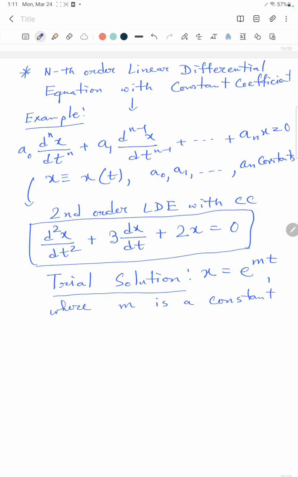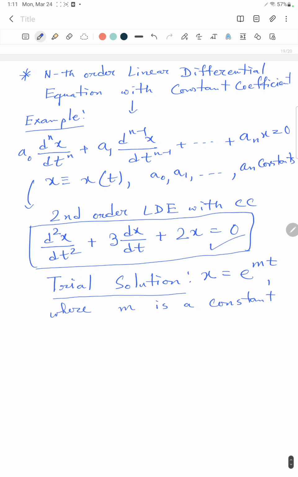So often we encounter this in textbooks, that there is a trial solution x equal to e to the power mt for this type of differential equation.